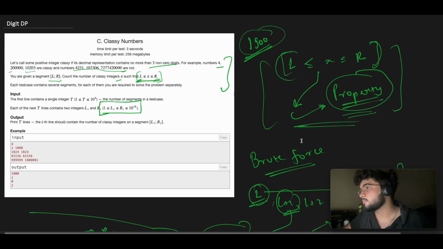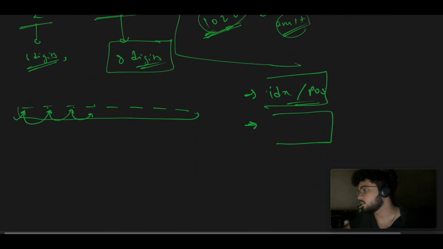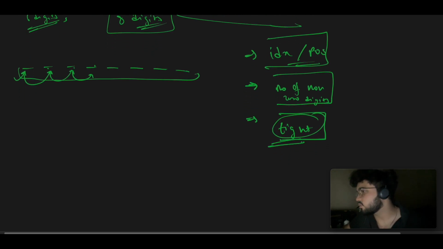That the number of non-zero digits should be at most 3. So we can write number of non-zero digits. And then the third state is tight. Let me explain what this is. This is the third state for all digit DP problems.